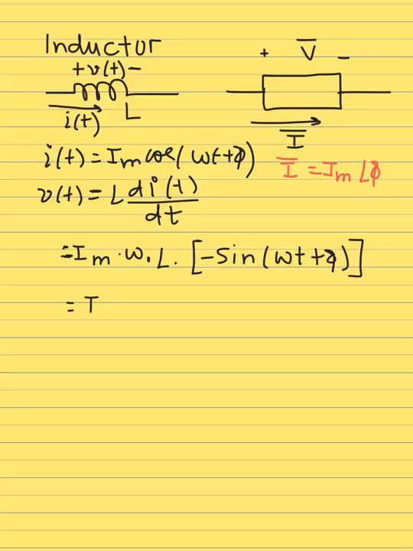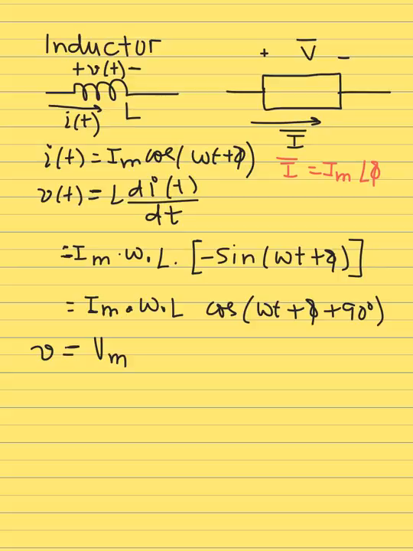So change it to cos form. It will be cos(ωt + φ + 90 degrees). Okay, so that's for v. Let's say this is the amplitude, cos(ωt + φ + 90 degrees), and in phasor form it will be V phasor Vm at an angle of φ + 90 degrees.